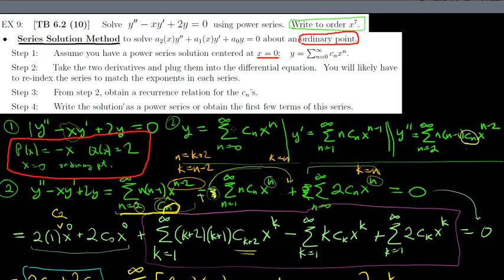In fact, that's the next section, 6.3, where we'll talk about another method. It's still a series method, but that's going to be for some types of singular points. Remember when I said that when you have a singular point, there's no guarantee that it's going to work. But it turns out that it will work in some cases. So that'll be next.